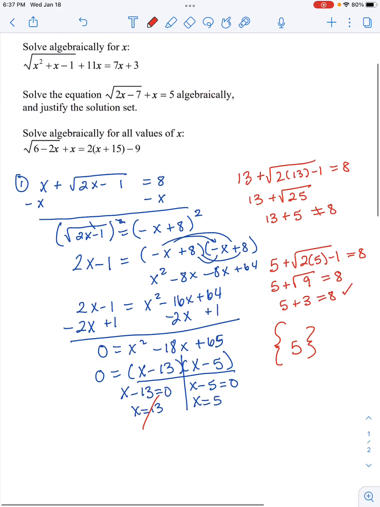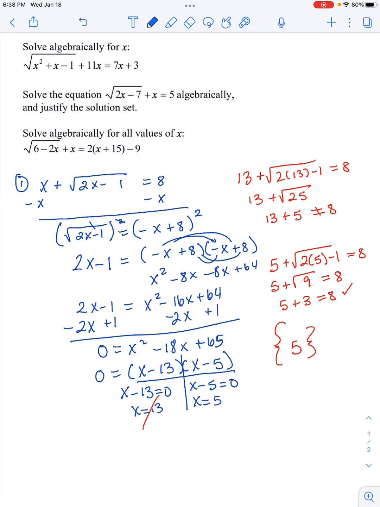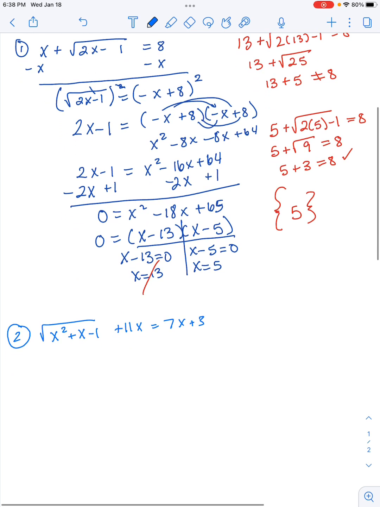Okay, let's go ahead and do this next example. We have the square root of x squared plus x minus 1 plus 11x is equal to 7x plus 3. So same way we started our first example, we're going to isolate the square root. So I'm going to subtract 11x on both sides.